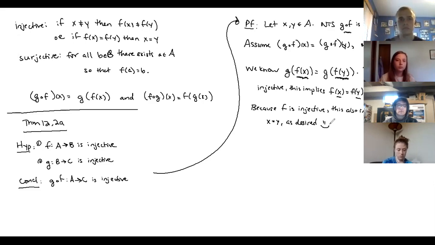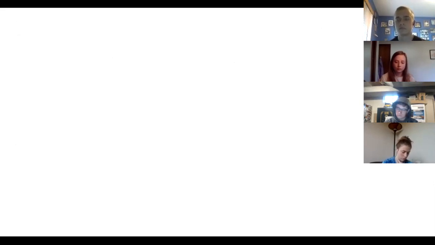Excellent, okay. That was theorem 12.2a. So theorem 12.2b is the same idea except with surjective. So theorem 12.2 part B, here are my hypotheses. Same thing, but with surjective.